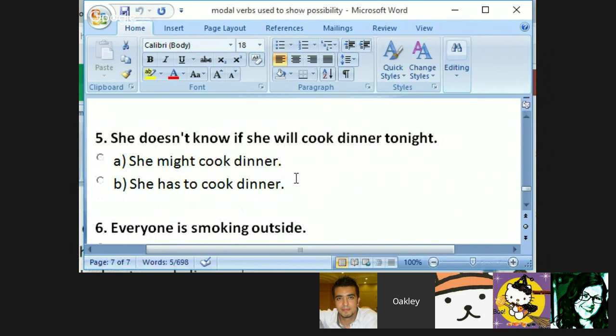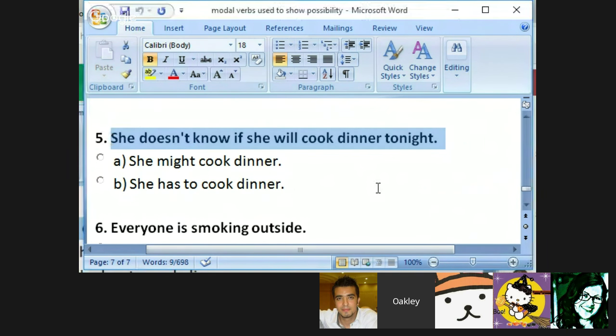Number 5. She doesn't know if she will cook dinner tonight. She might cook dinner. Very good. Notice the original construction, however.